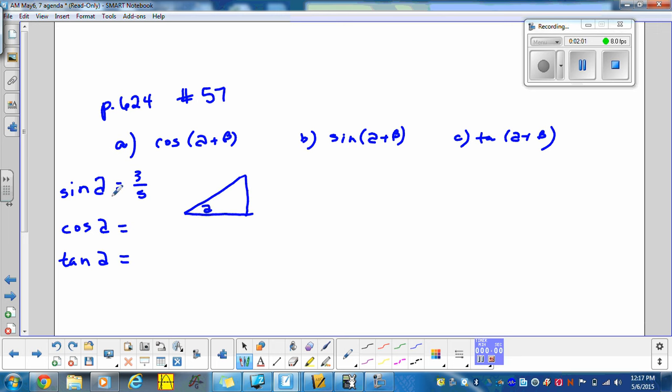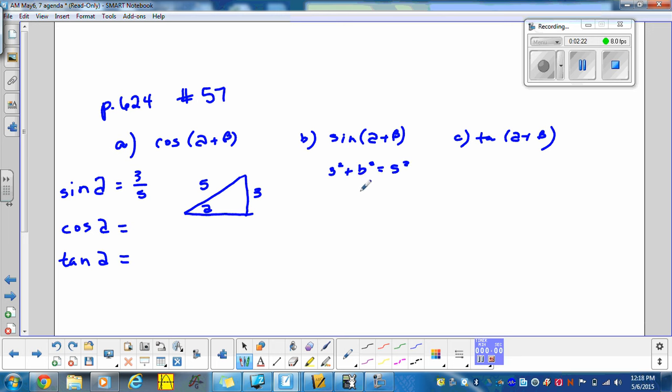So remember, sine is opposite over hypotenuse. So we can use the Pythagorean theorem, a squared plus b squared equals c squared, to find this missing side. So 3 squared plus b squared equals 5 squared.